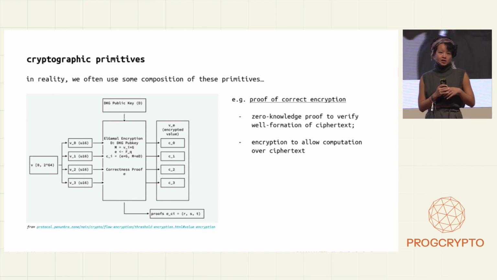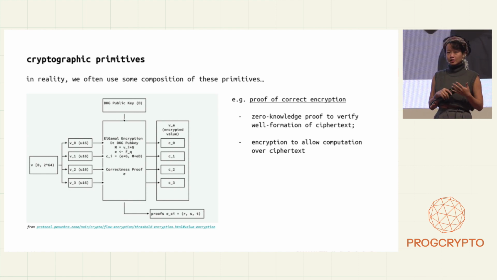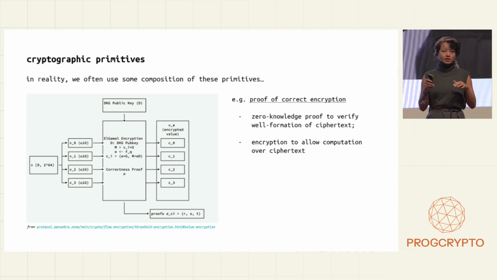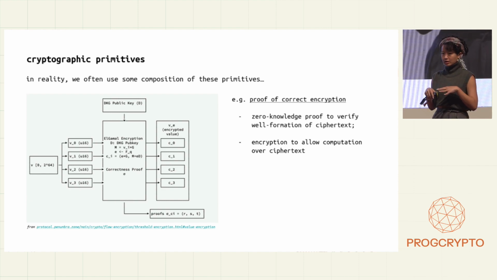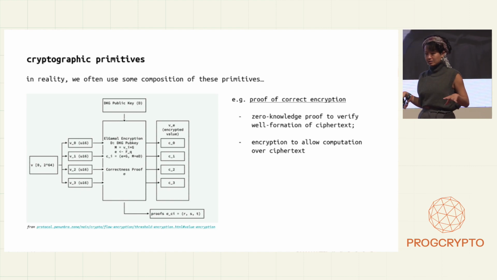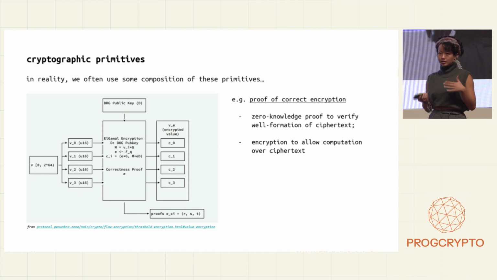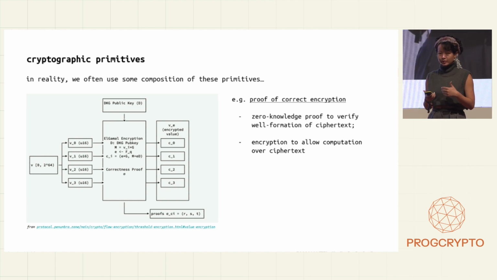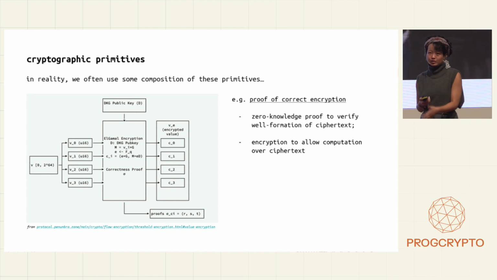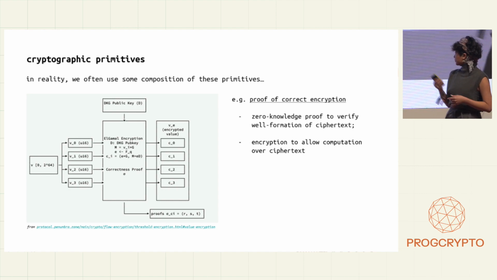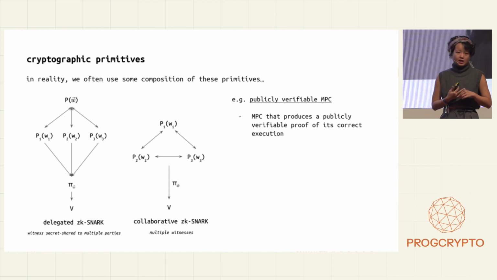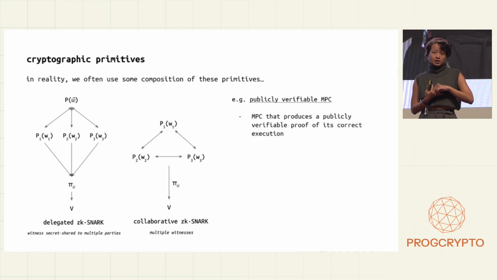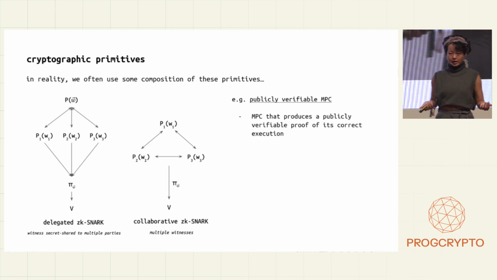And in reality, a lot of these cryptographic primitives are stacked. For example, zero-knowledge proofs are used as a primitive in any system that uses FHE. They're used as a proof that the ciphertext was the result of following the proper encryption procedure. Another example is zero-knowledge proofs being used to make an MPC publicly verifiable.